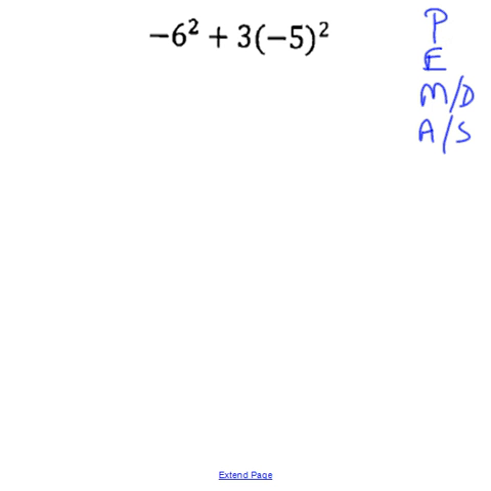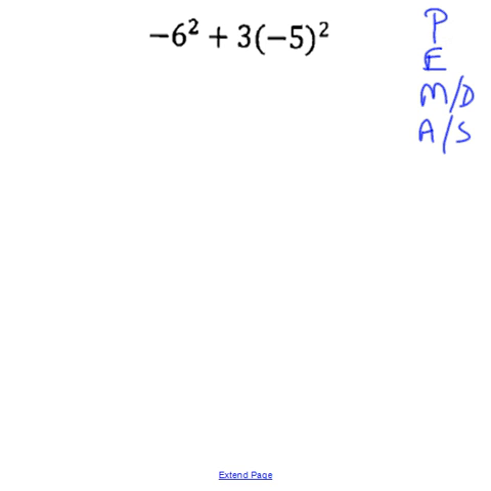And when people do this one, they tend to want to do this 3 times -5 first. But that's not the right thing to do because we have an exponent, and the exponent comes first. So this set of parentheses does not count as a grouping symbol because there's no operation going on. It's just serving to set off the -5. So it's not an order of operations set of parentheses.